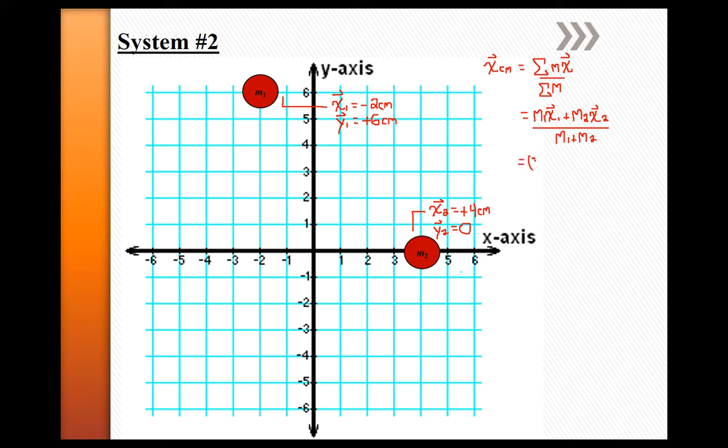So m1 is 3.0 kilograms, multiplied by x1, which is negative 2 centimeters, plus m2, which is, I think it's double the mass, so 6.0 kilograms, multiplied by its position, which is positive 4 centimeters.